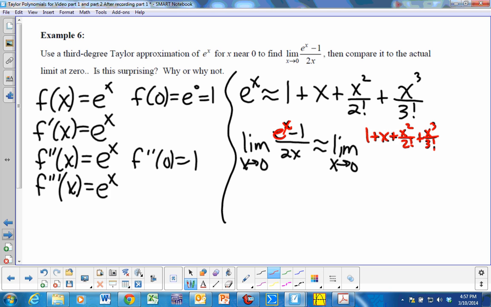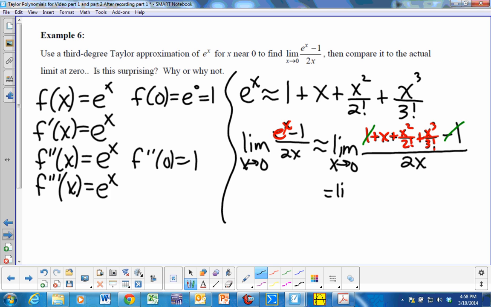So we replaced it. And then you're going to have minus 1 all over 2x. And then we need to do this limit. Well, we can see here that you have a 1 minus a 1, so that won't be there anymore. And when you're doing your limit here, notice that every term has an x in it now that the 1's are gone.